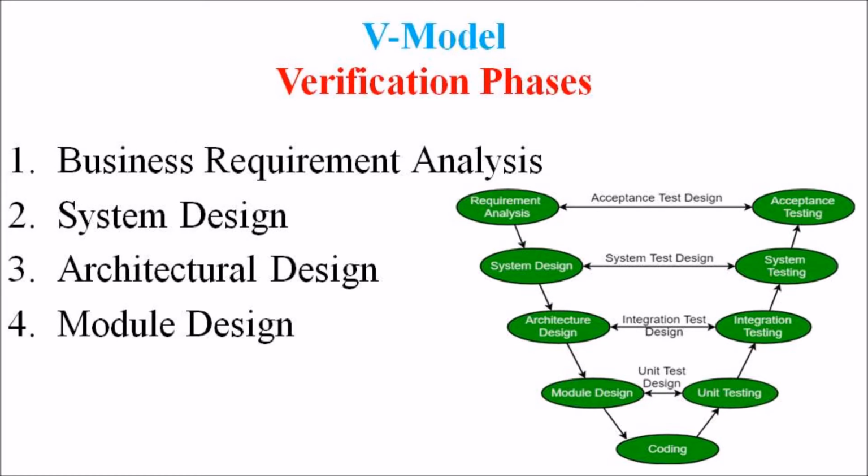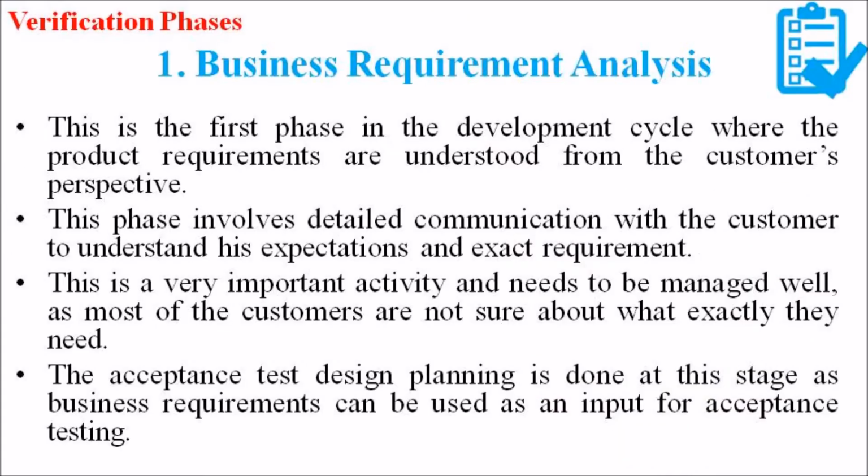So when we come to the verification phase, there are four different phases: business requirement analysis, system design, architecture design and module design. The business requirement analysis is the first phase in the development life cycle, where the product requirements are understood from the customer's perspective. This phase involves detailed communication with the customer to understand his explanations and exact requirements.